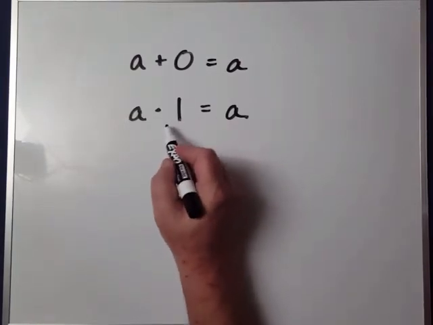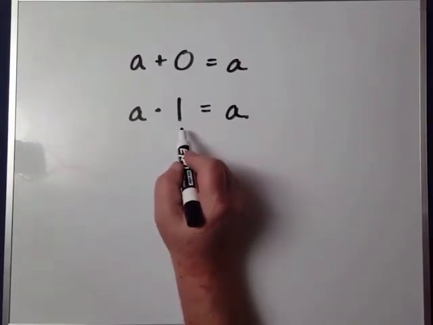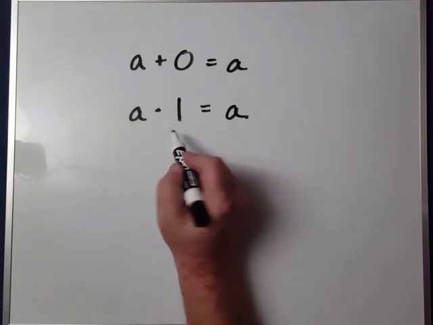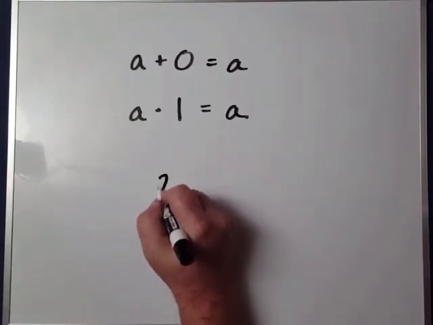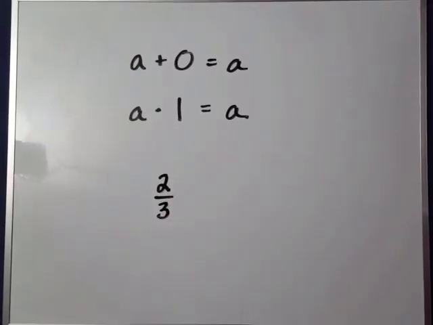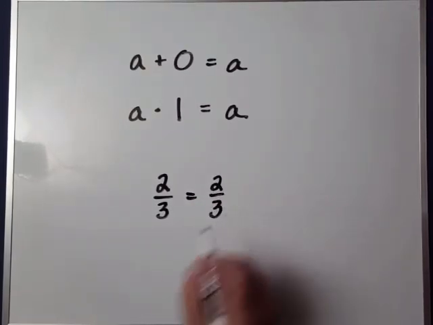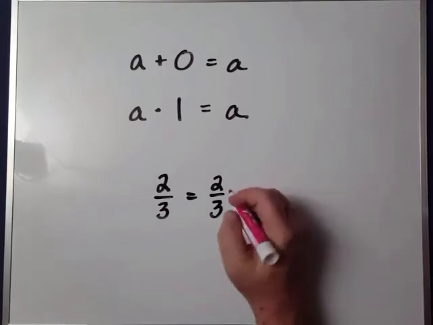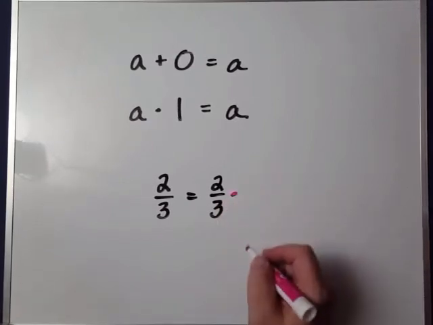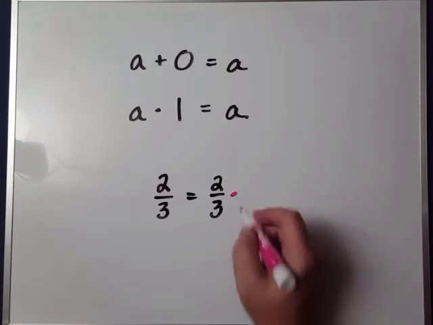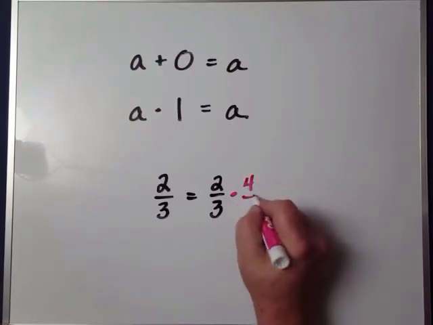We use multiplying by 1 all the time when we're dealing with fractions. If we want to change a fraction to have a different denominator, we multiply the top and bottom by the same number. Let's say we want to turn this into twelfths. I'd multiply the top and bottom by 4.